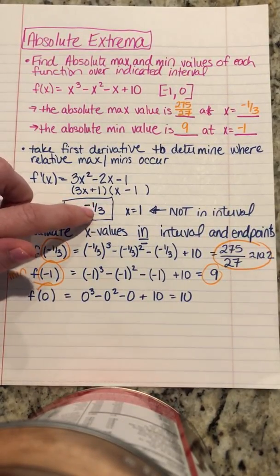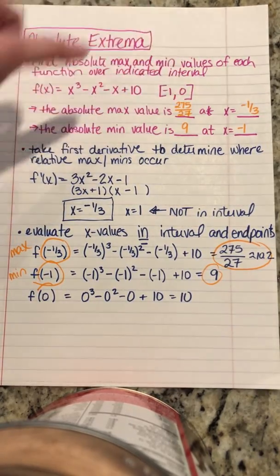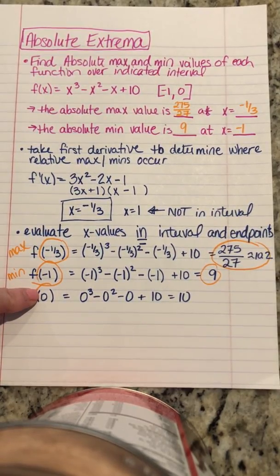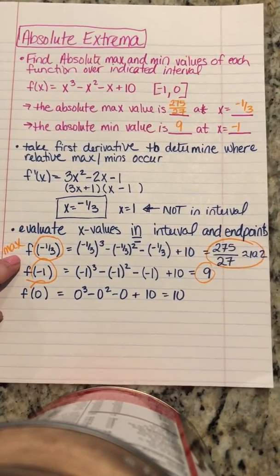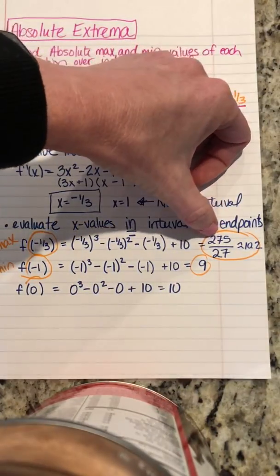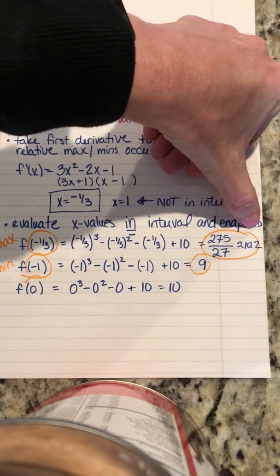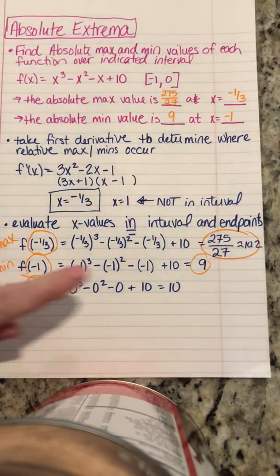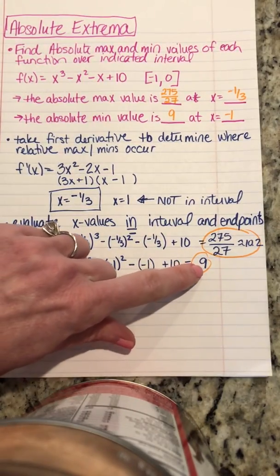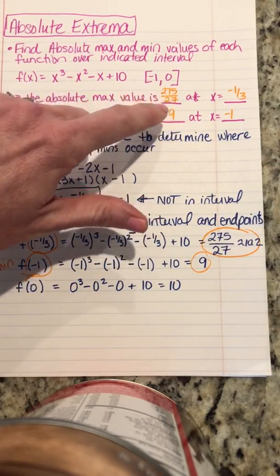So I use f of negative 1/3, and then I pick my endpoints, negative 1 and 0. I evaluate my function at all of these points, and I get that f of negative 1/3 is 275 over 27. Y'all can do the math, which is roughly 10.2. F of negative 1 is 9, and f of 0 is 10. So this is my min, this is my max, and that's what I plug back in up here.